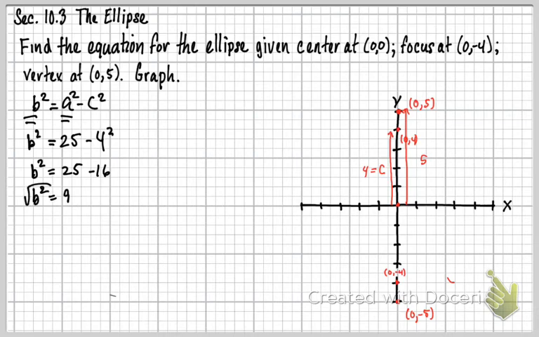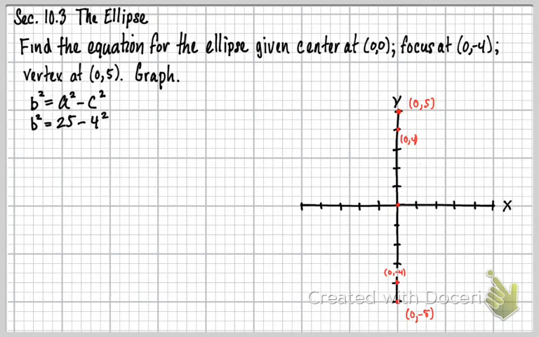So then when I square root b squared, I get b equals, and in general it's a plus or minus 3, but I'm just talking about a distance from the center. So I can take away the plus and minus and just think of it as a positive. And then from here we get, like I said previously, b squared equals 25 minus 16. B squared equals 9. And b is going to equal 3.